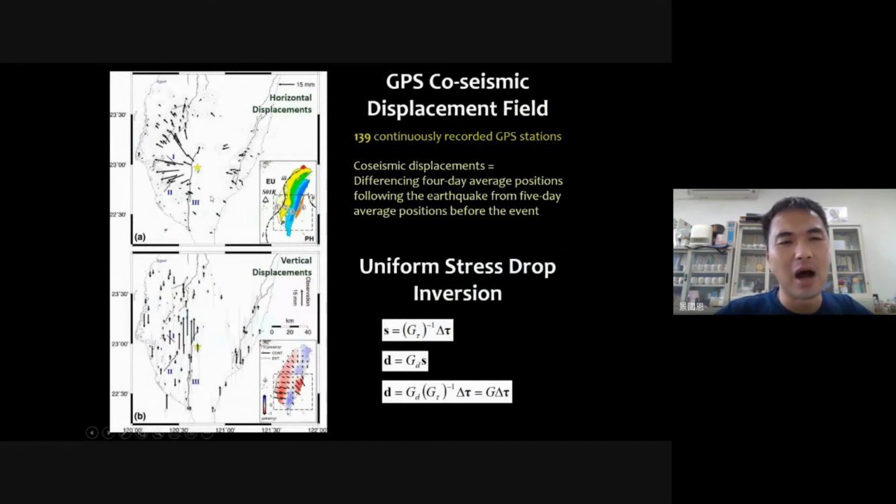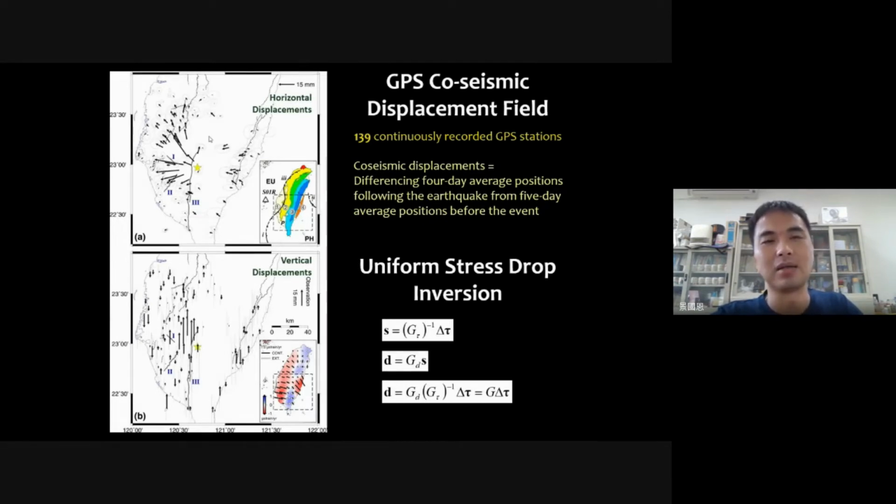However, how do we know? We always emphasize that this surface deformation is caused by the movement of the fault. So once we note the surface deformation, it's possible for us to understand the movement of the fault.